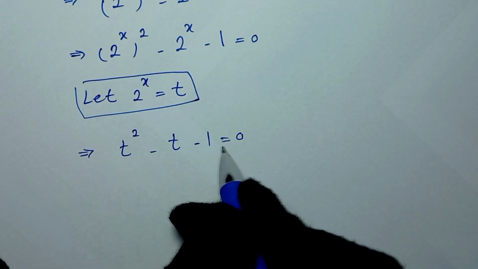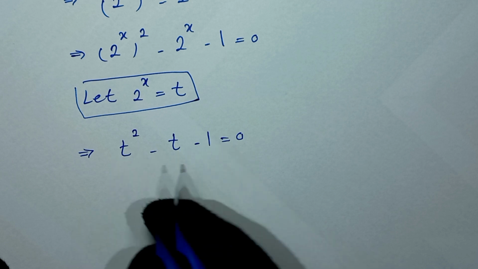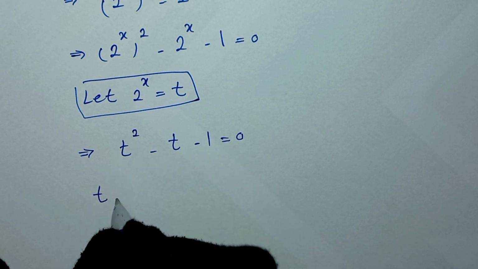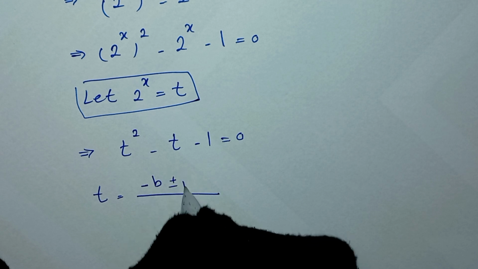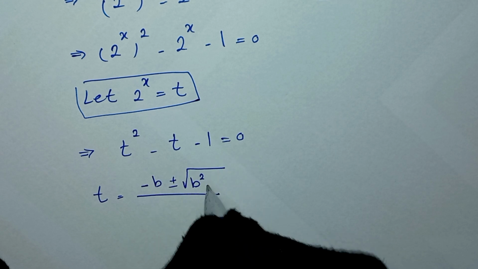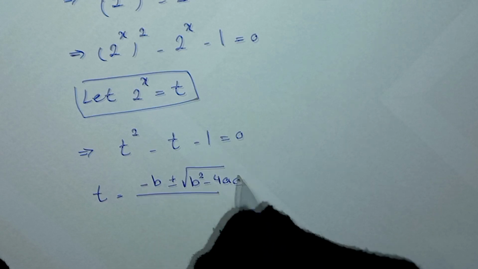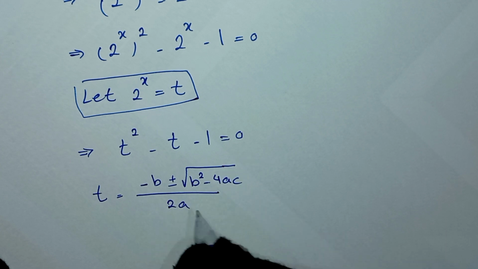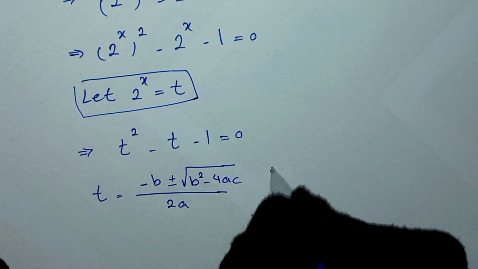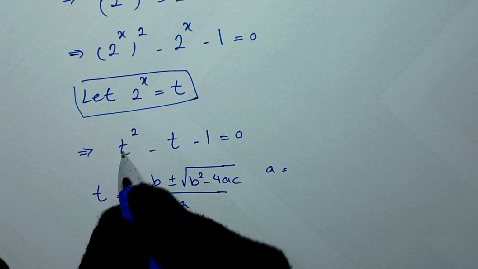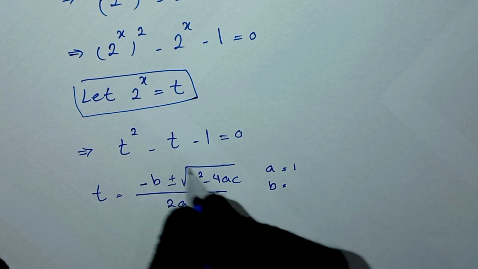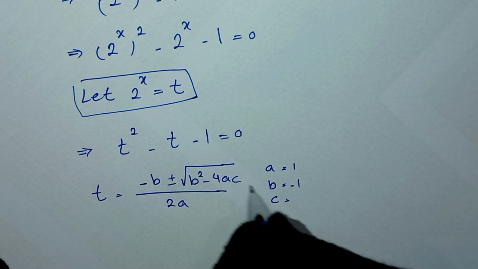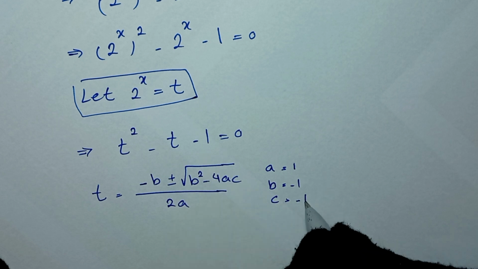And in here, we have a quadratic equation and use the quadratic formula, t is equal to negative b plus or minus square root of b square minus 4ac over 2a. And a is the coefficient of t square, which is 1, and b is the coefficient of t, which is negative 1, and c is the constant, negative 1.